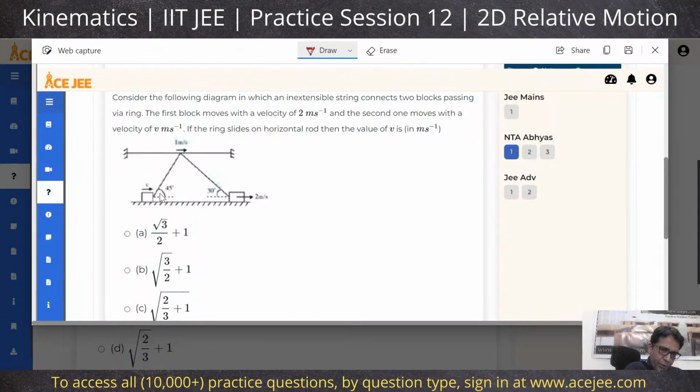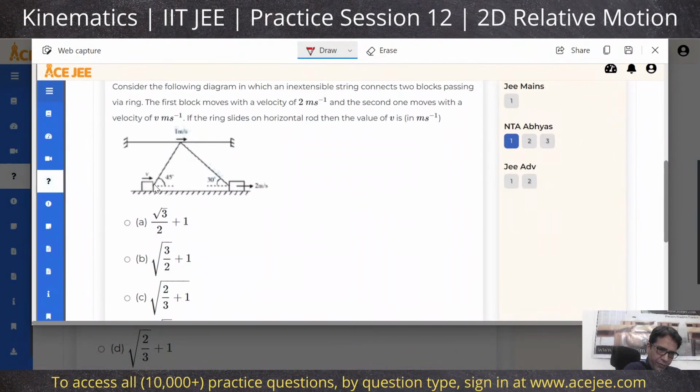So you said this is V, then V cos 45 is the rate at which this is moving upwards, right? And the rate at which this is moving downwards is 2 cos 30 degrees.